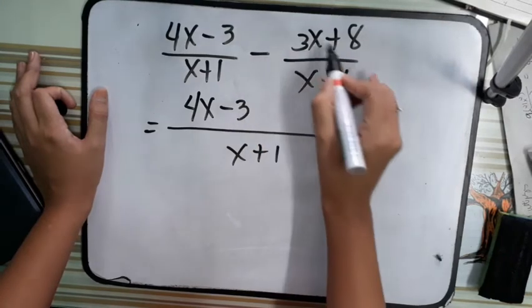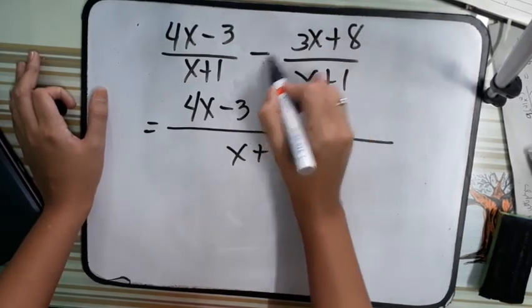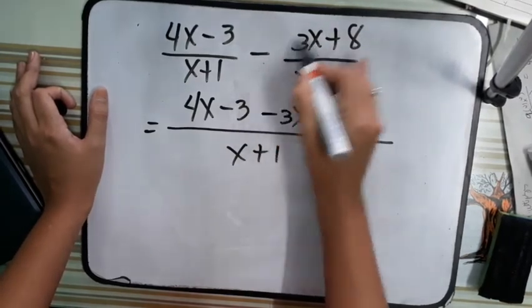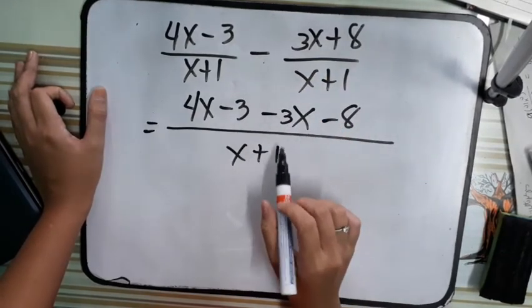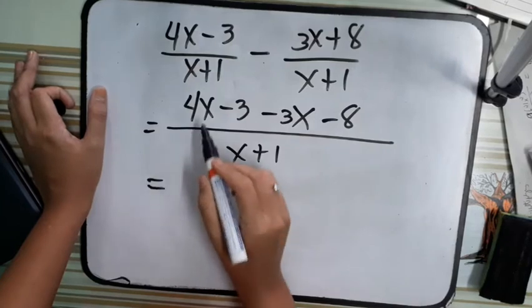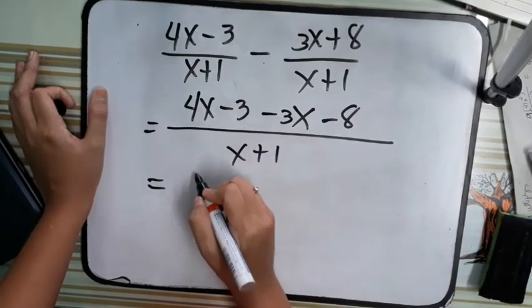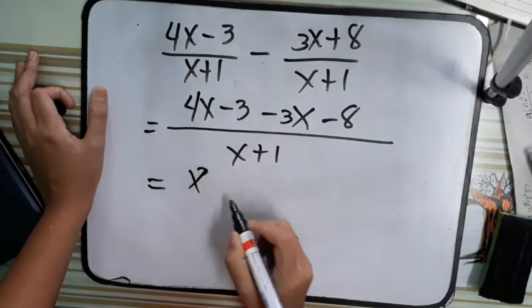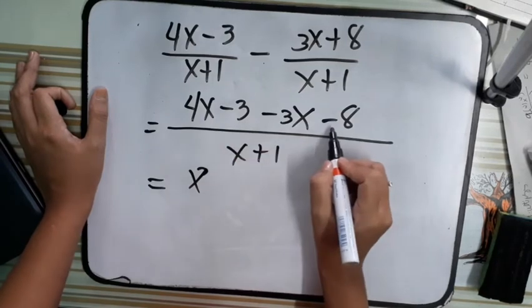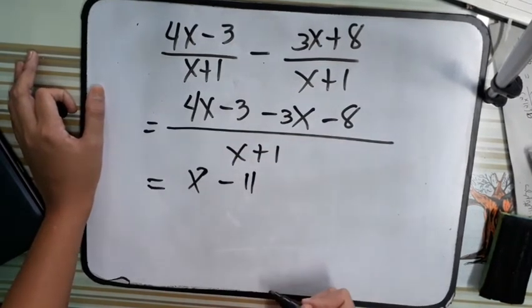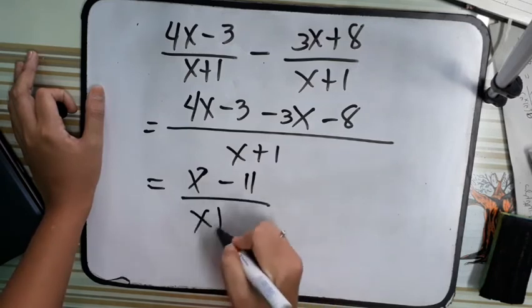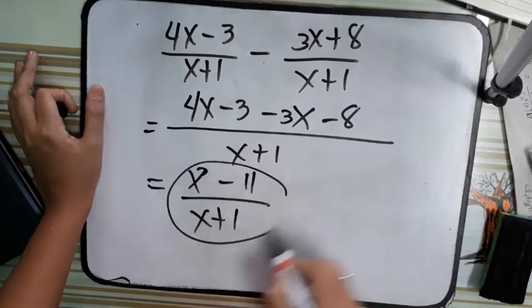The negative sign is applicable on this part, so this will become negative 3x and negative 8. So combine like terms. 4x minus 3x is equal to x. Negative 3, negative 8 is equal to negative 11 over x plus 1. That will be the answer.